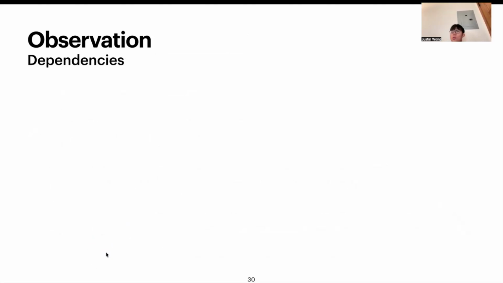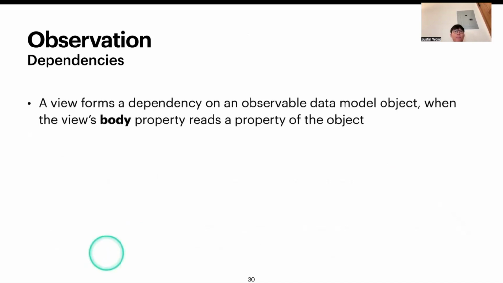And so, like I mentioned before, like dependencies, a more technical definition of how it works is that a view forms a dependency on an observable data model object when the view's body property reads a property of the object. What that's saying is that if the view itself, within the body, is referencing a property on this observable object, then we say that this view forms a dependency to that object.